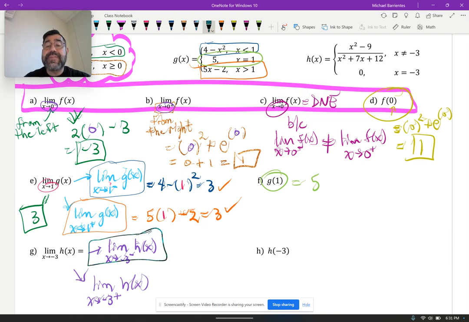If I'm coming from the left side, what do I do here? It says I'm going to use this top function if x doesn't equal negative 3, but I'm going to use this bottom value if x does equal negative 3. If I'm getting closer to negative 3 from the left side, are those x values negative 3, or are they not negative 3?